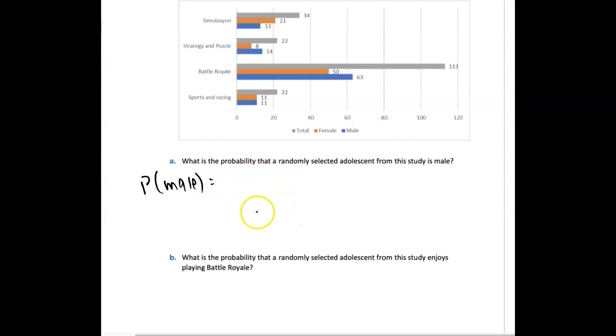And then in the denominator, I want the total number of people involved in this study. Let me write this down. So in the numerator, I will want to count the number of males in this study, right? The number of outcomes that satisfy what I'm looking for, divided by the total number of adolescents included in this study.